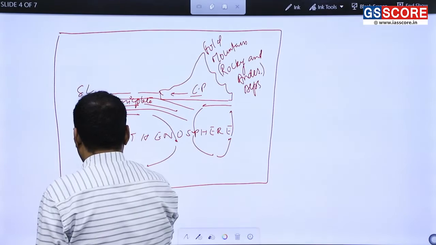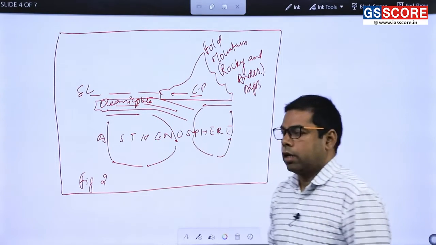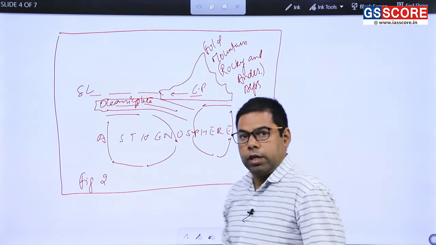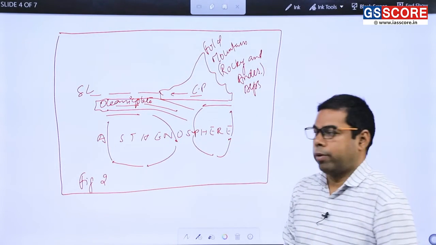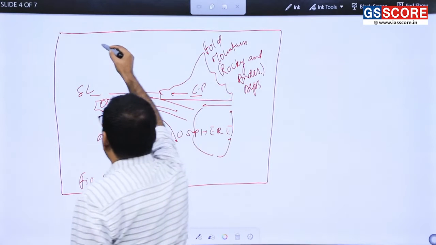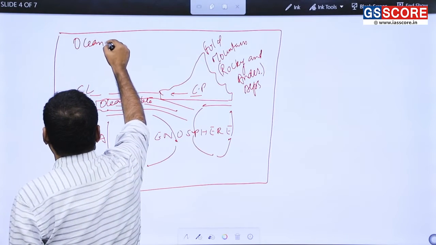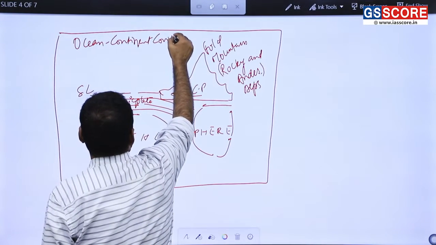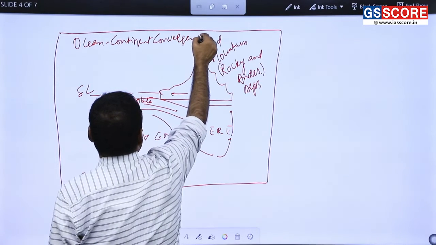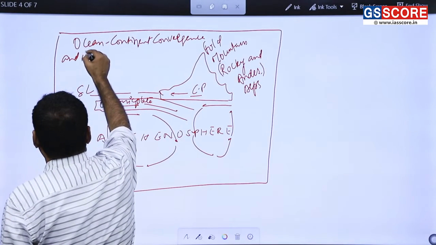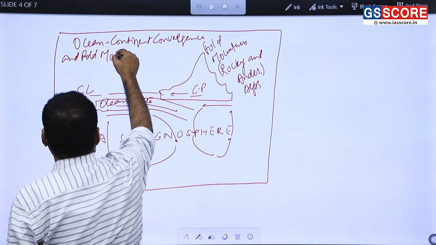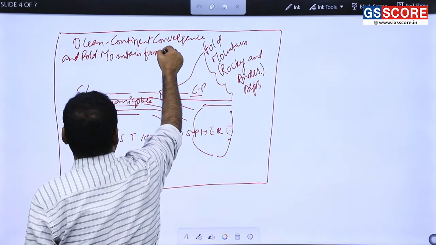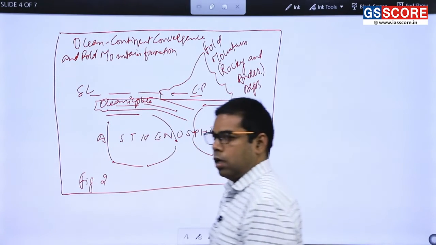figure number 2, right? Where you will discuss, you will mark this title in the figure 2 in that paragraph. So here you will write ocean, continent, convergence and fold mountain formation, right?